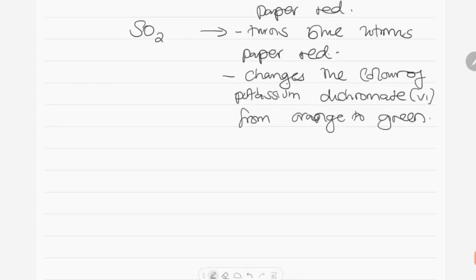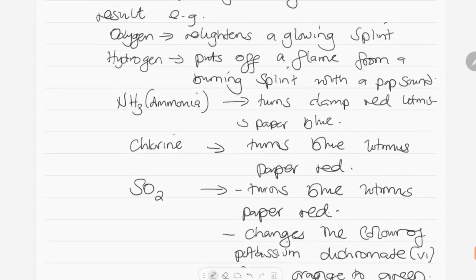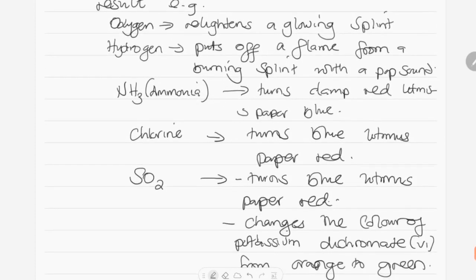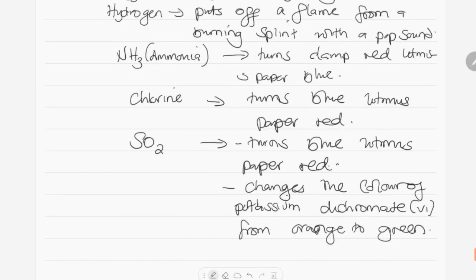Then from there, you should also be able to give the name of the gas. Because of the chemical test that you carry out to identify the gas and the results that come out with the test, you should be able to name that gas.